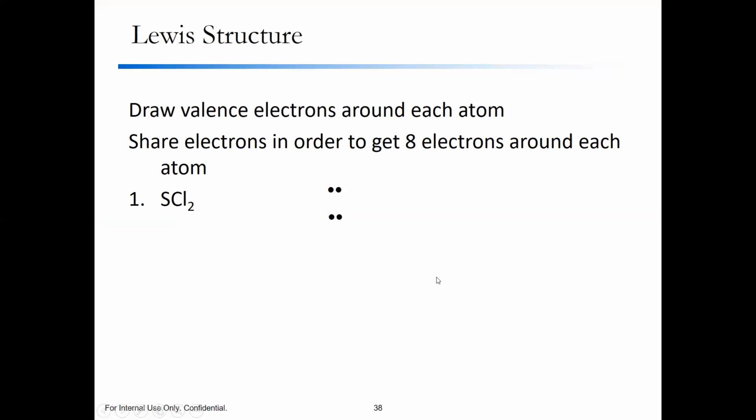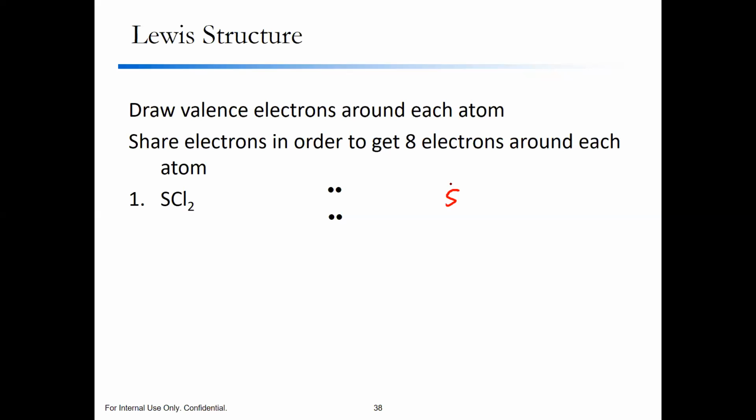All right, so how are we going to draw the Lewis structure for this one here? SCl2. Usually when we write these, if there's more than 2 atoms, the central atom will usually be the front one, but that's not necessarily true.